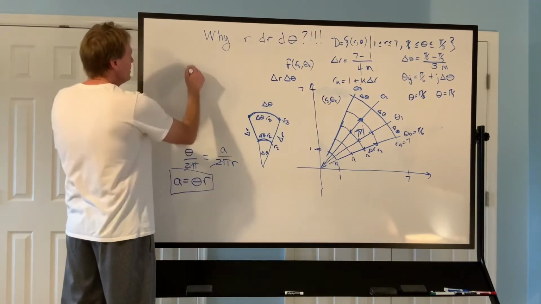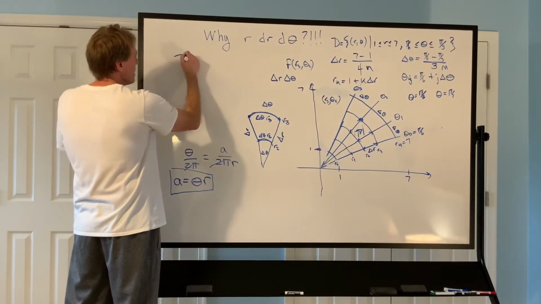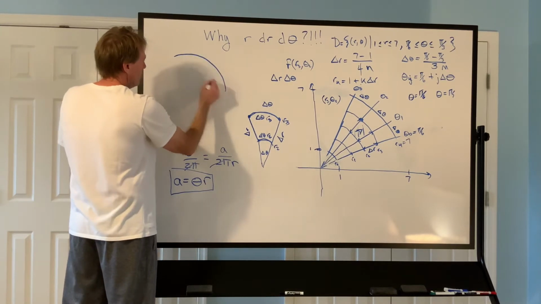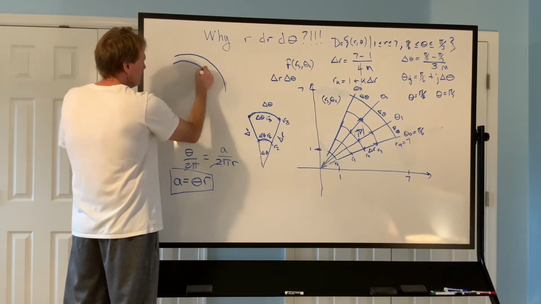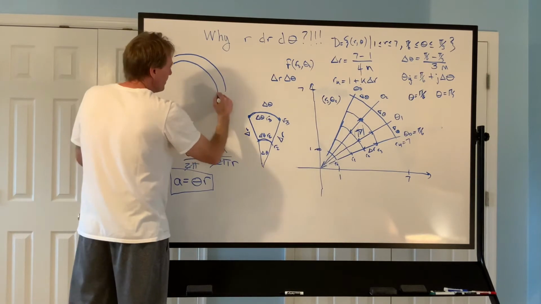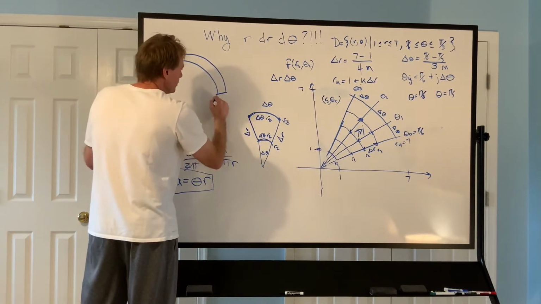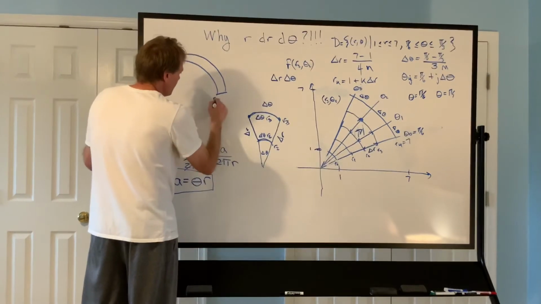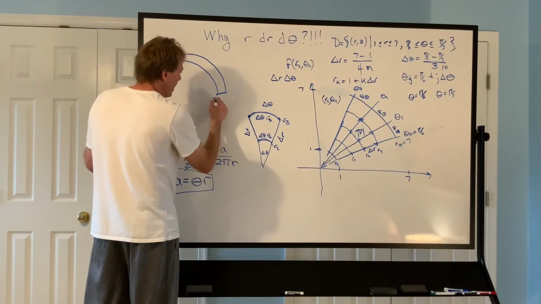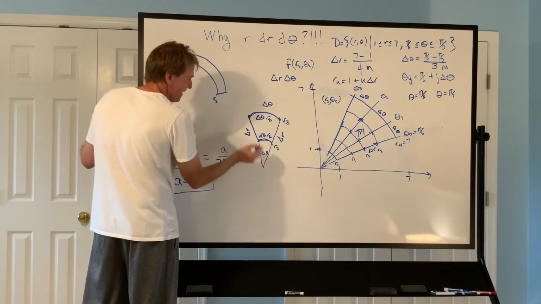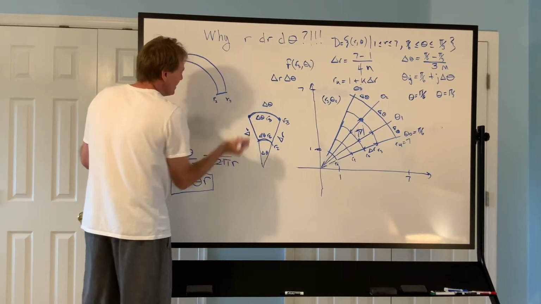But if I think about my delta r, imagine that I'm in a place where delta r is really small. Here's maybe, again, forgive me, I'll call it R2 and R3, just keeping it the same.